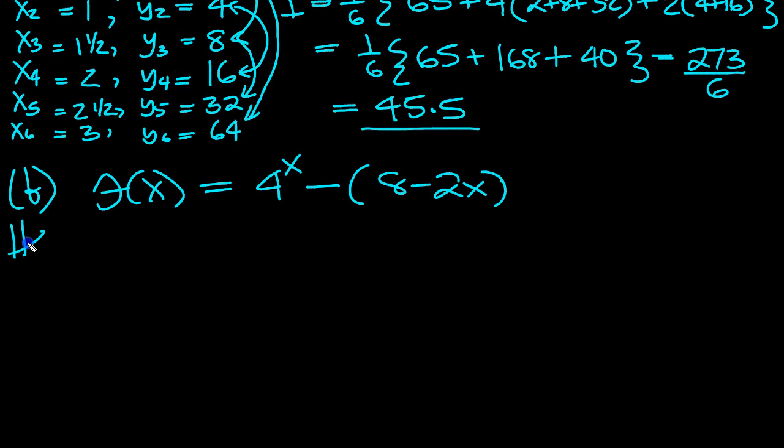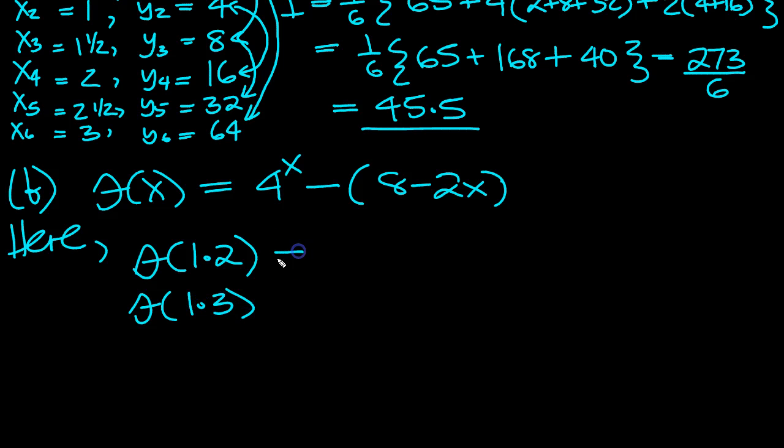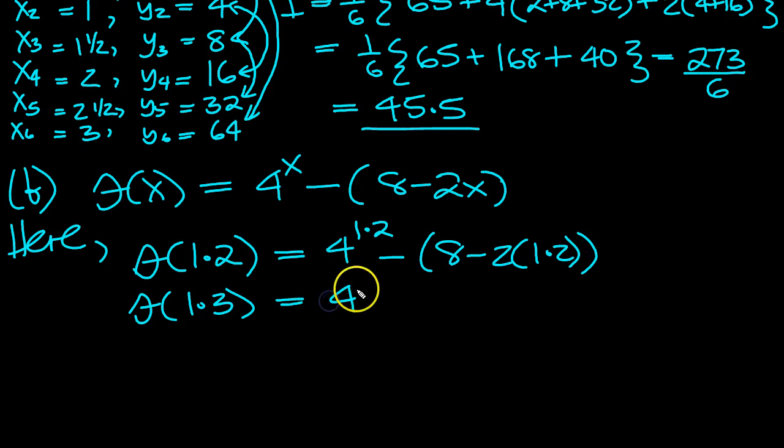We want to show it lies between 1.2 and 1.3. So here, f of 1.2 and f of 1.3, and we should hopefully see a change in sign. 4 to the 1.2 minus 8 minus 2 times 1.2, and here it's 4 to the 1.3 minus 8 minus 2 times 1.3.